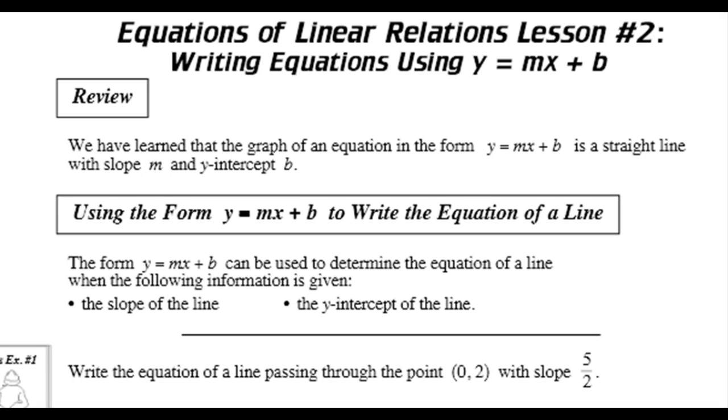Today we're going to continue to look at the equation of a line in the form y equals mx plus b. Remember that the m here is the slope, and the b here is the y-intercept value.